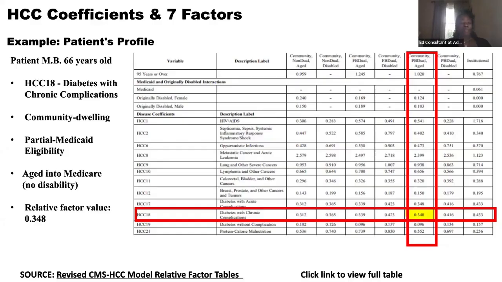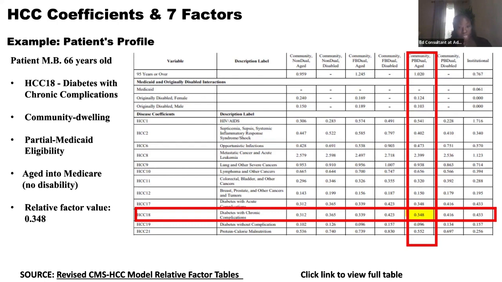We'll also look at hierarchical condition categories. Essentially, hierarchical condition categories is really just a cluster or grouping of conditions, but they're scaled out by severity. So for example, if an ICD-10 code maps to an HCC, such as diabetes, as you can see here, diabetes HCC 17, HCC 18, and HCC 19 are all different severity levels of diabetes.